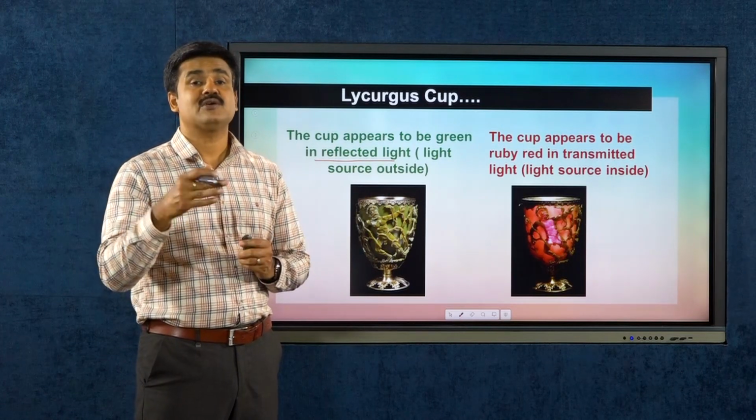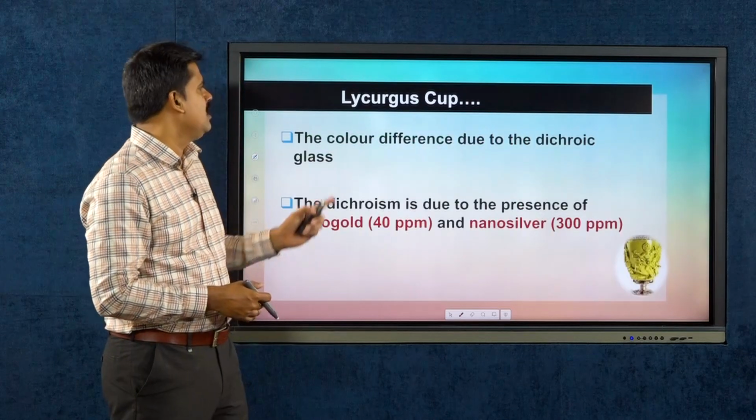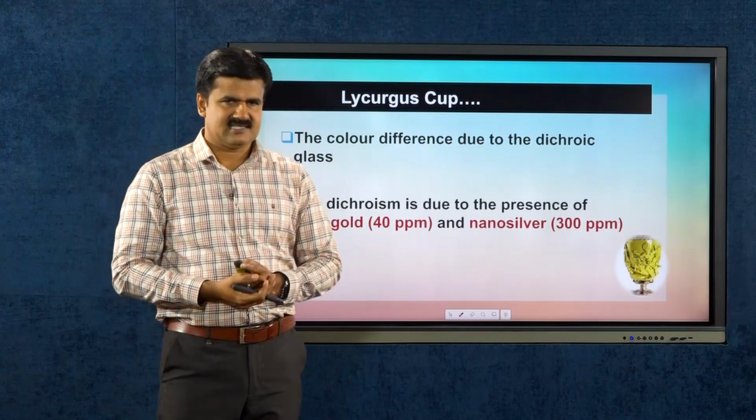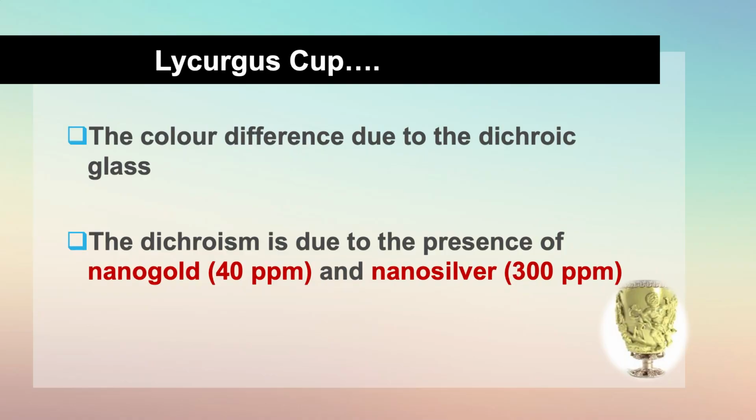We can move on to the composition of this Lycurgus cup in coming slides. The color difference is due to dichroism. The dichroism is due to the presence of, as I mentioned, nano gold and nano silver, and the composition of nano gold is nearly 40 parts per million, and the composition of nano silver is 300 parts per million.